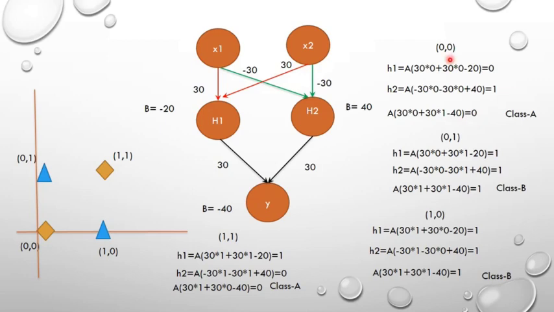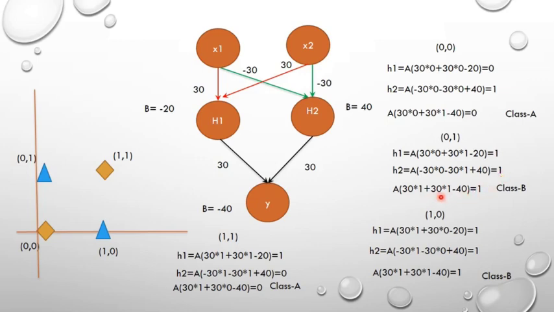So this coordinate 0, 0 is classified as class 0. Let us say that this 0 belongs to some class A, or we can say this class A belongs to the class of diamonds. Now let's move on. Let's consider the second coordinate, 0 and 1. Substituting the values for h1 and h2, we are getting 1, 1 for both.